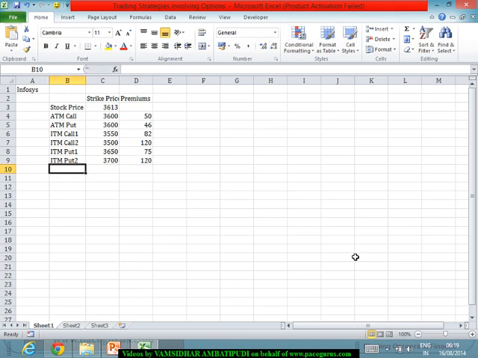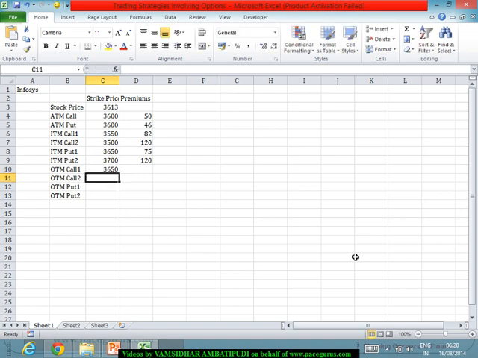Fair enough. Similarly, I would look at one OTM call, or probably let me look at two OTM calls. If I require them, I'll use them, otherwise I will not. Similarly, I'll take OTM puts also, but at least one is definitely required, so I'll have at least one, but the second one is always for safety purposes.